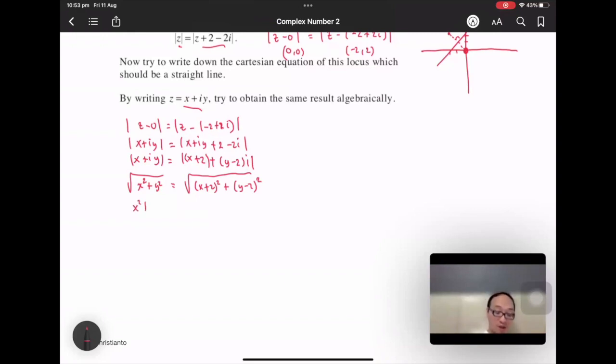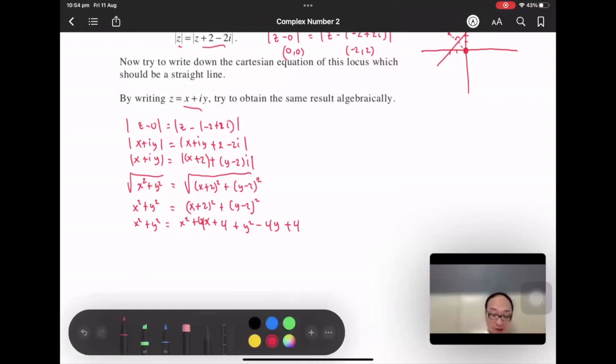So we have x squared plus y squared equals (x plus 2) squared plus (y minus 2) squared. So expand: x squared plus 4x plus 4, plus y squared minus 4y plus 4.